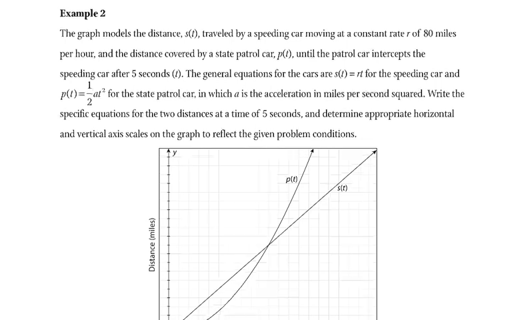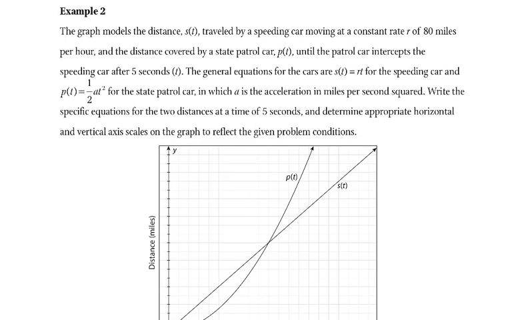Alright, example 2. The graph models a distance, s of t, traveled by a speeding car moving at a constant rate of 80 miles per hour, and the distance covered by a state patrol car, p of t, until the patrol car intercepts the speeding car after 5 seconds. The general equations for the cars are s of t equals r times t for the speeding car, and p of t equals 1/2 times a times t squared for the state patrol car, in which a is the acceleration in miles per second squared.